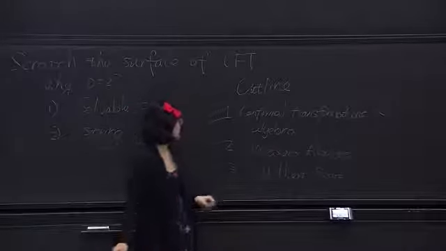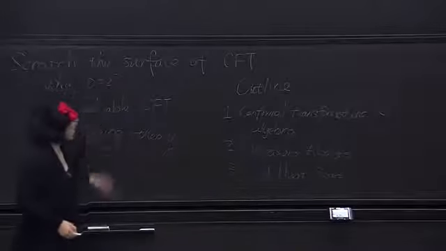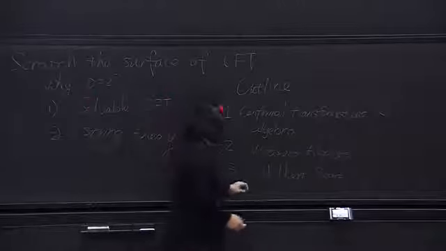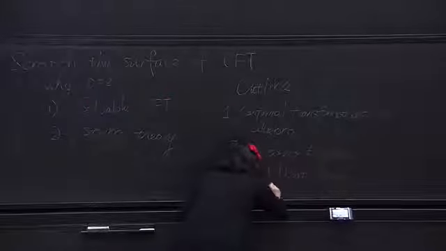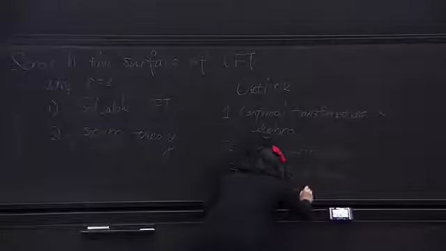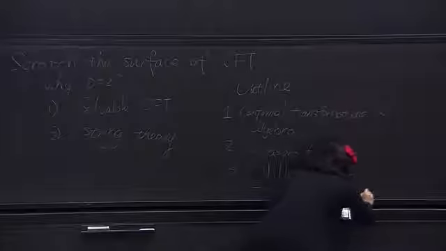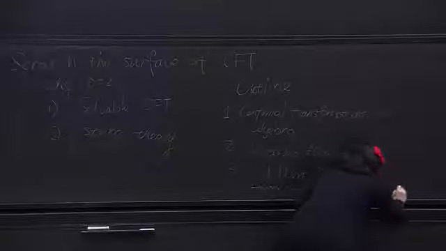And the last day, there are some miracles going on, and we'll try to get to them. But eventually, what I call this is how to cook up your own solvable 2D CFT.